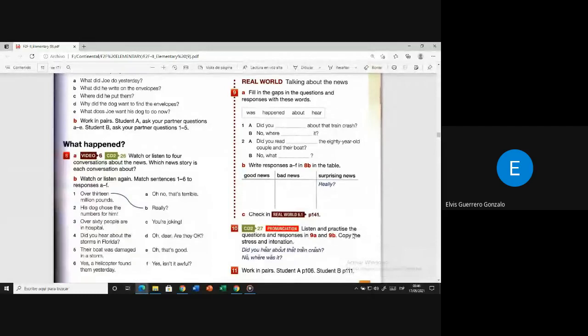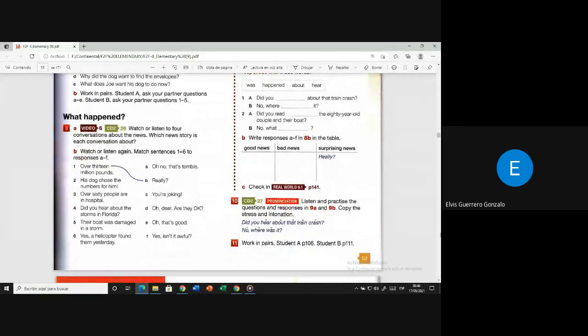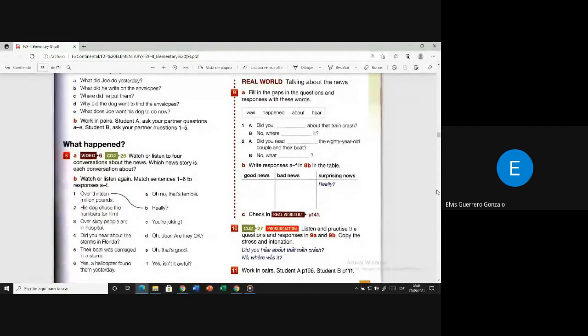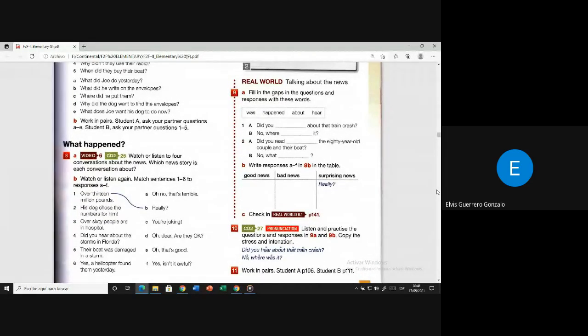Now, listen and practice the questions and responses in 9A and B. Copy the stress and intonation. The stress is the emphasis, no? And the intonation. In Spanish for a moment. El tono de cómo tú dices estas palabras, cómo reaccionas, depende mucho.